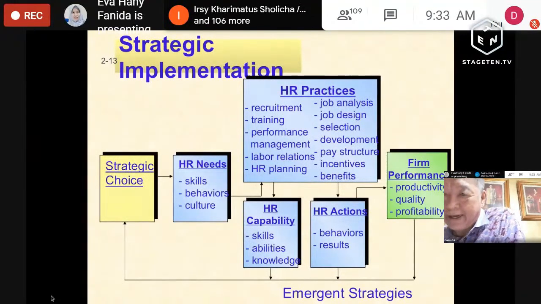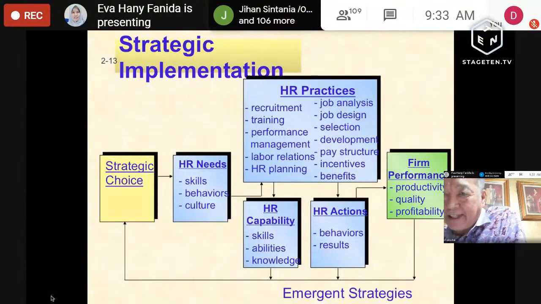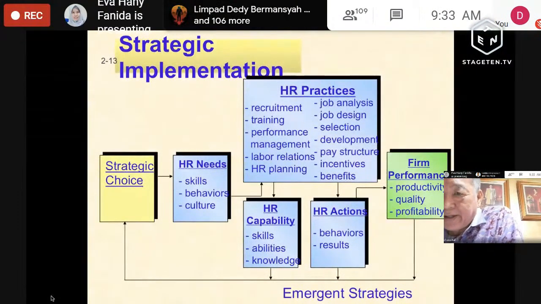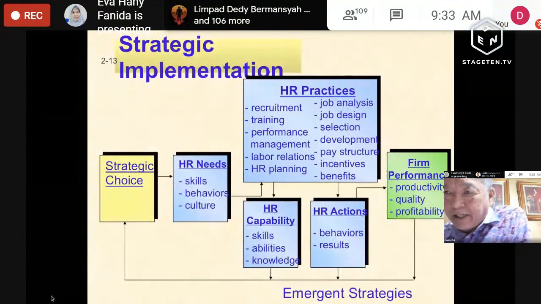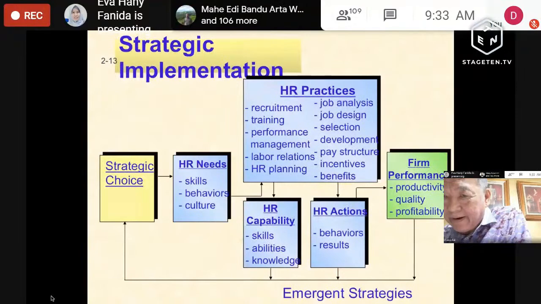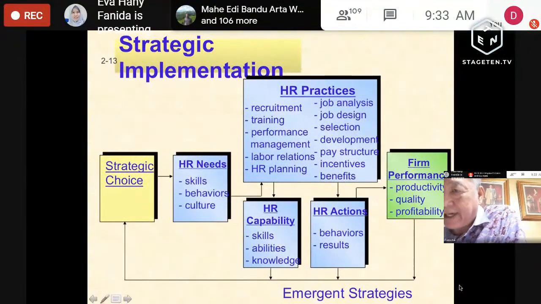But I want to talk about the human resource function or human resource practices that help the organization to achieve its goal. So my presentation is based on the business sector, and you can apply it to the public sector.